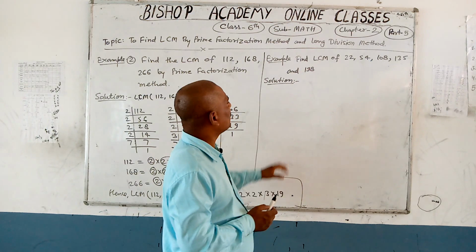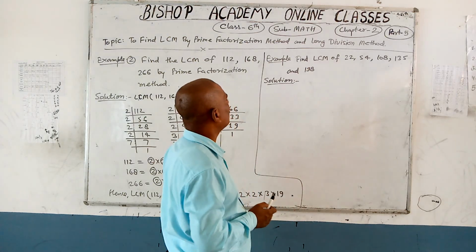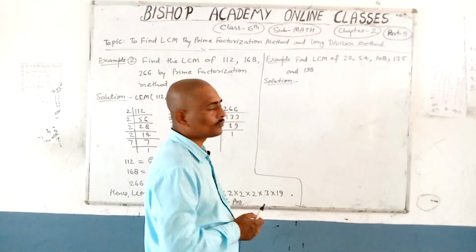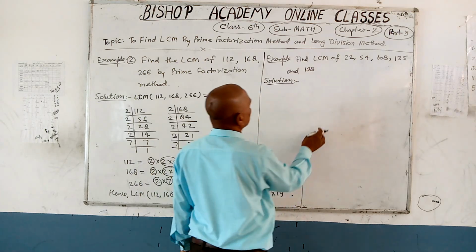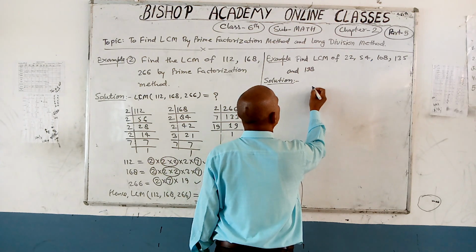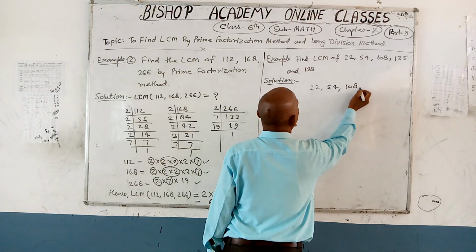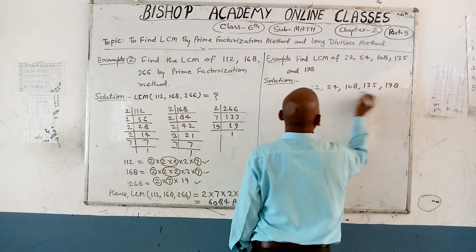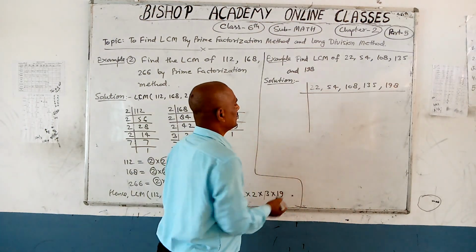Here you have to find out LCM of 22, 54, 108, 135 and 198 by long division method. These are the numbers to find LCM by long division method.